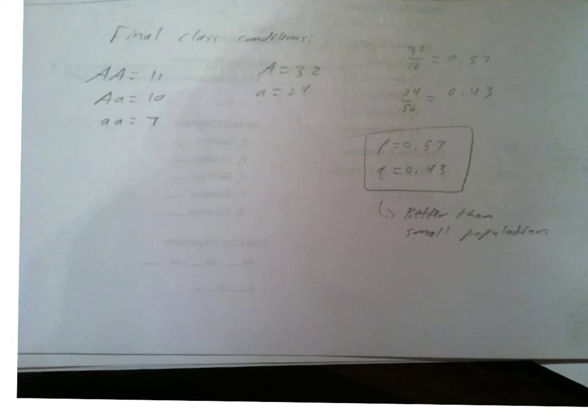disproves Hardy-Weinberg, because if it was a true Hardy-Weinberg situation, the alleles would still be 0.5 and 0.5.